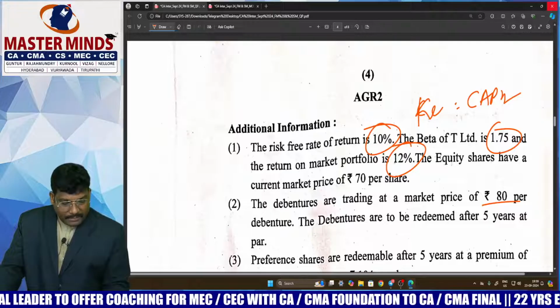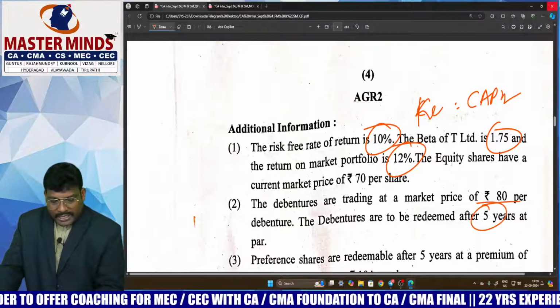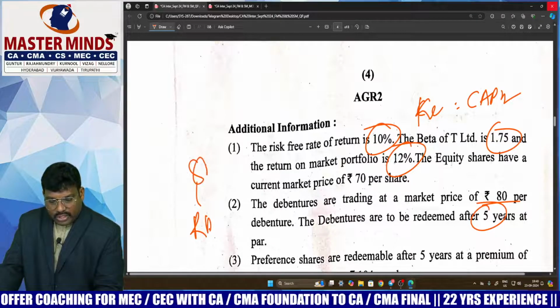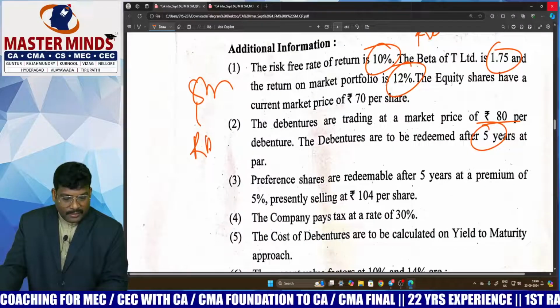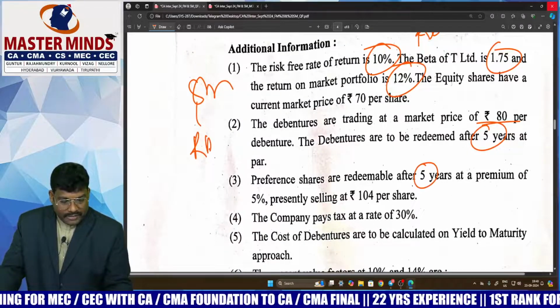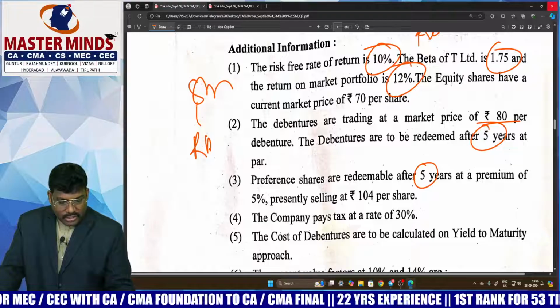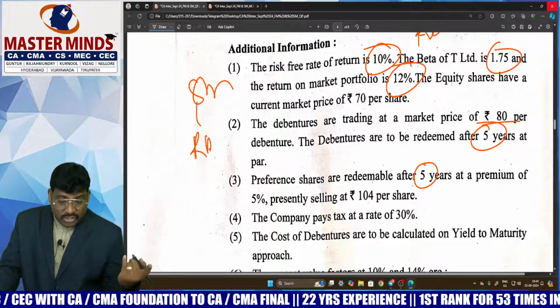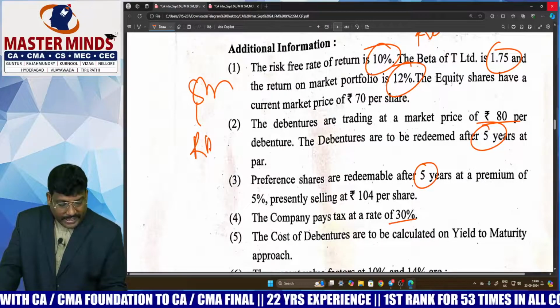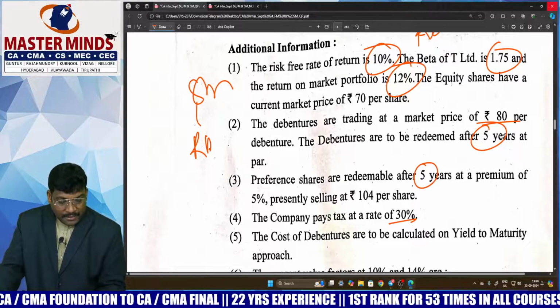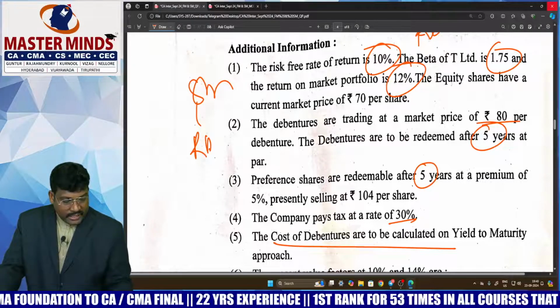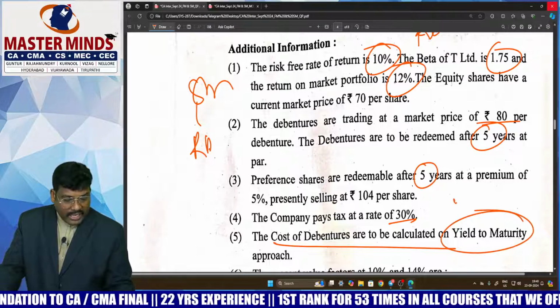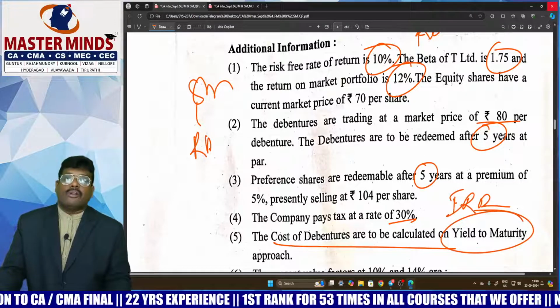Debenture trading market price, debentures to be redeemable. Redeemable debentures, you can use the shortcut method, and preference shares are also redeemable, so you can use the shortcut method. But here in this problem, they forcibly asked the yield to maturity method, which is nothing but the IRR technique.